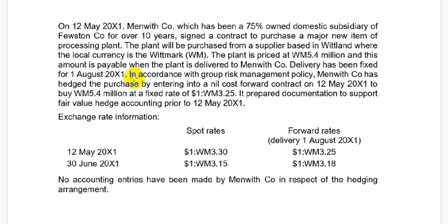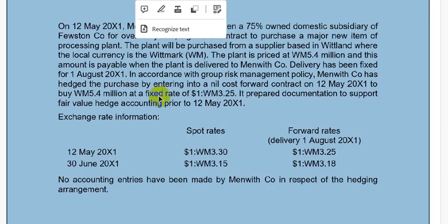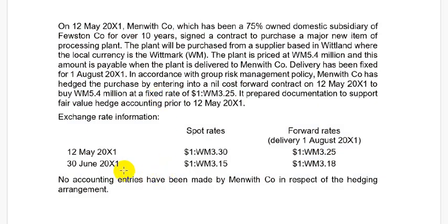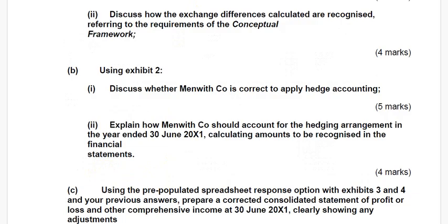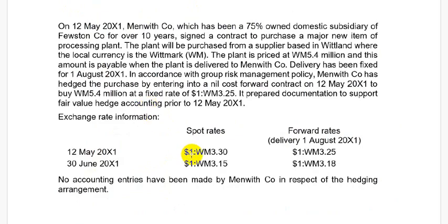Our year end is 30th June. Then July, August, 1st August, so another month later, that's when the plant will be delivered.